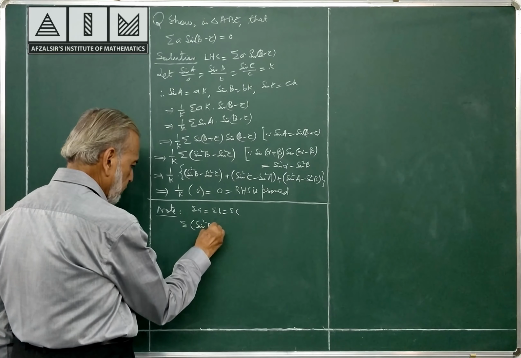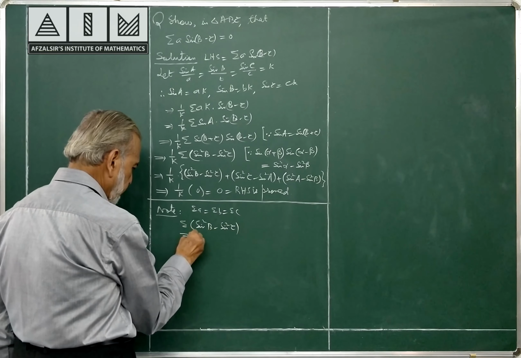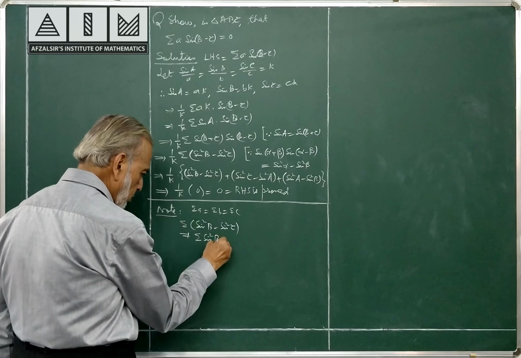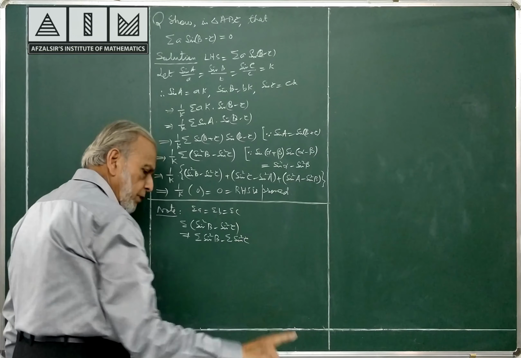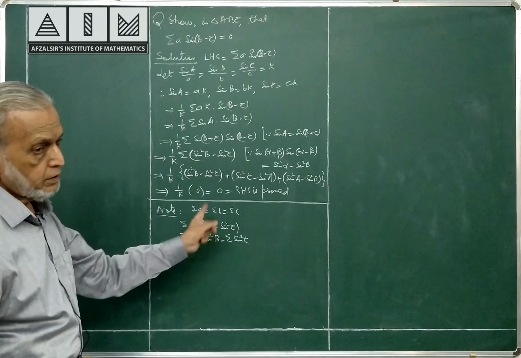Sin square B minus sin square C, operate sigma: sigma sin square B minus sigma sin square C. Please don't say that I have multiplied as if we have taken common. It is not that.